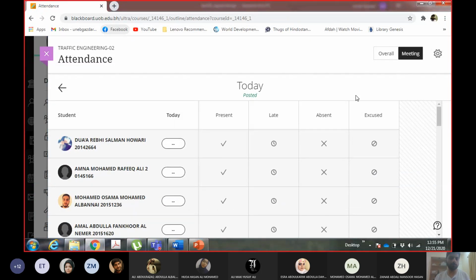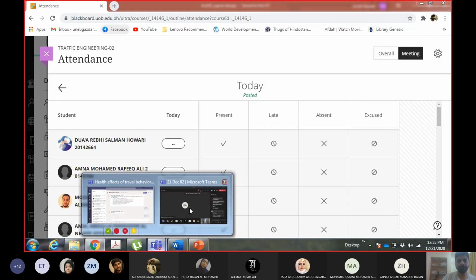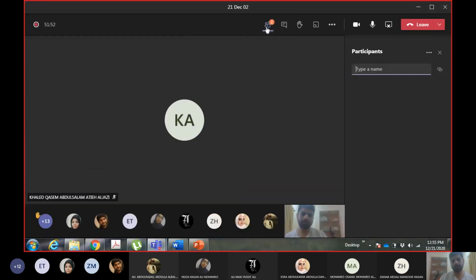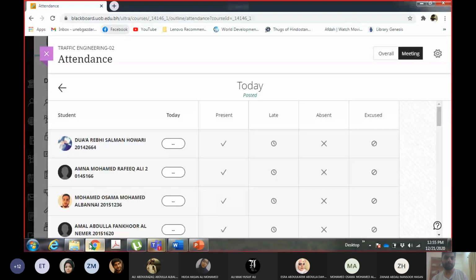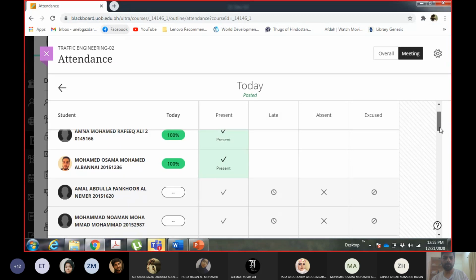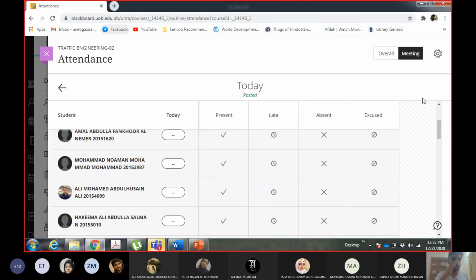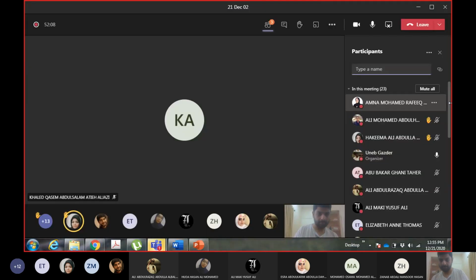Dua Rabi, Amna Muhammad, Muhammad Usama, Amal Abdullah. Amna and Usama. Amal, Muhammad Noman, Ali Muhammad, Hakim Ali.